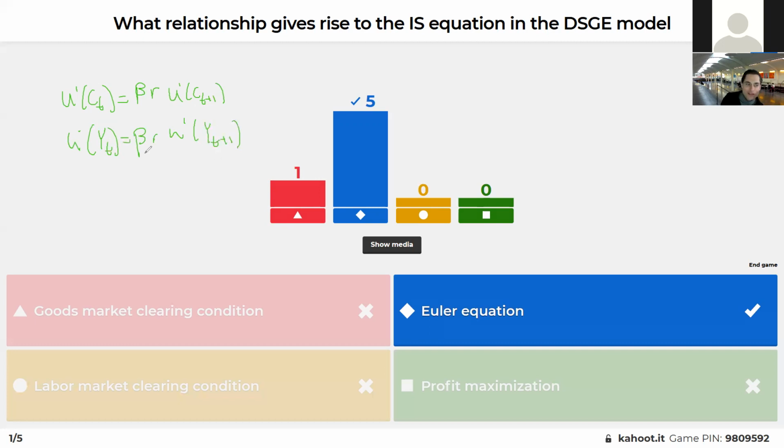Now this is looking very close to the equation from the slides. Take logs here, and you'll see that we have the interest rate. We're relating it to current consumption or current output, and also future output. So it's very closely related to this Euler equation, the IS equation in the DSGE model. So that's that.